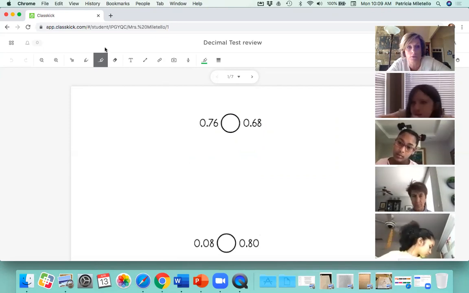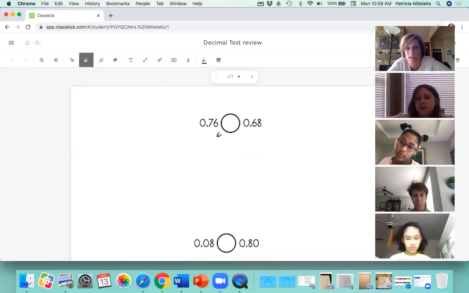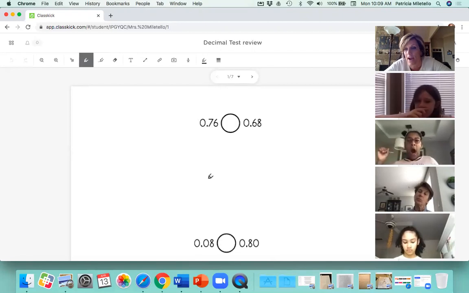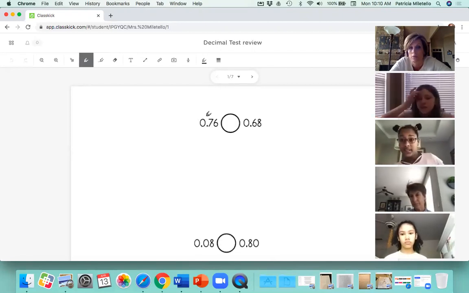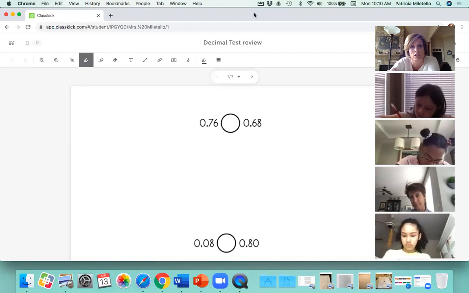One more thing I want to do on this page. With this decimal right here, 76 hundredths, can you write that as a fraction on your paper?